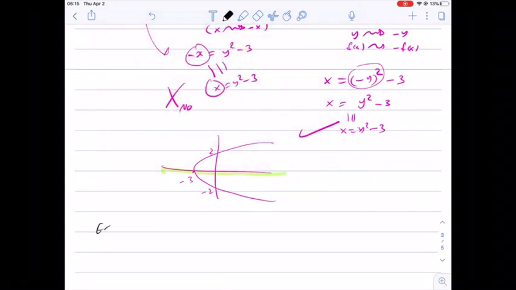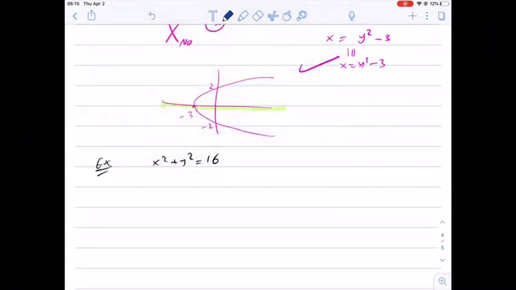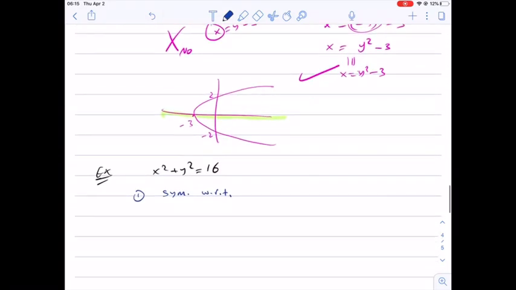Let's take another example: x squared plus y squared equals 16. First we study the symmetry with respect to the x-axis. That means we change y to negative y.